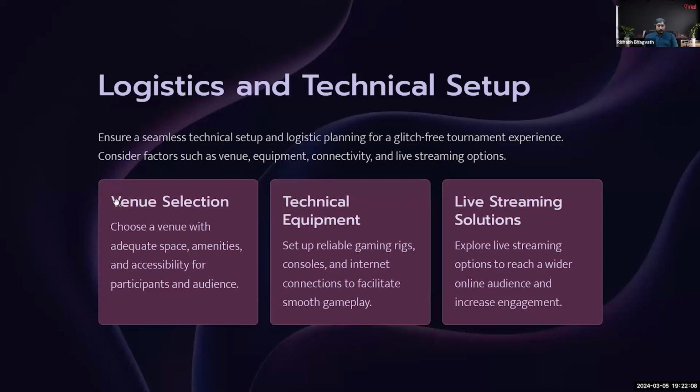So, venue selection. At this point, we should make one thing very, very clear. There are two types of tournaments these days. You call them LAN tournaments and online tournaments. LAN stands for local area network, which is basically where you connect your computers directly to each other without using the internet.